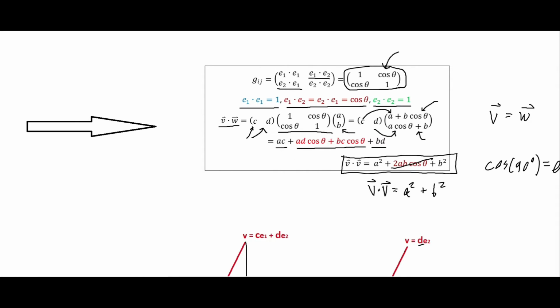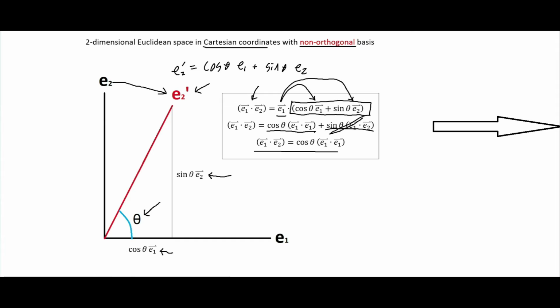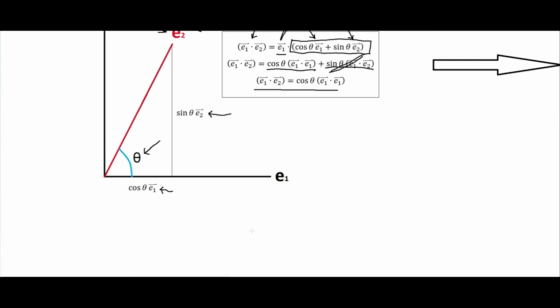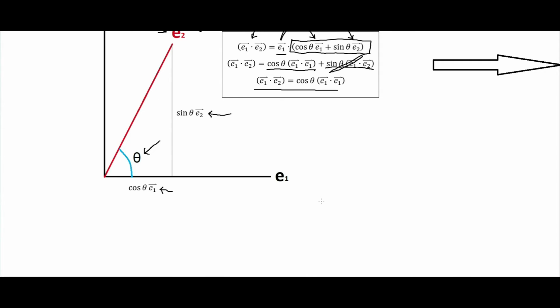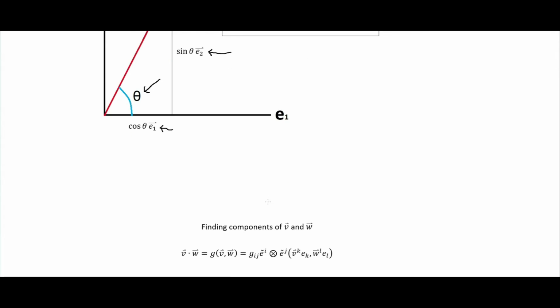Once again, still in Euclidean space, though. In future videos, I'll start talking more about the metric tensor in things like Minkowski space and things like that, which will be a little bit different. But for now, we're just trying to get an idea of what this metric tensor is all about.